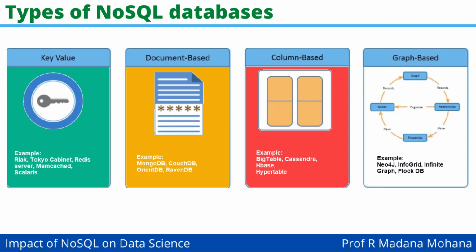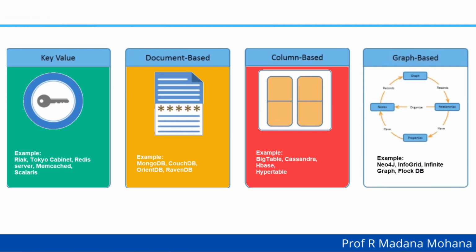Column-based database examples are Bigtable, Cassandra, HBase, Hypertable. Whereas graph-based database examples are Neo4j, InfoGrid, Infinite Graph, FlockDB. These are all the four types of NoSQL databases with their examples at a glance. Let us see one by one in detail.